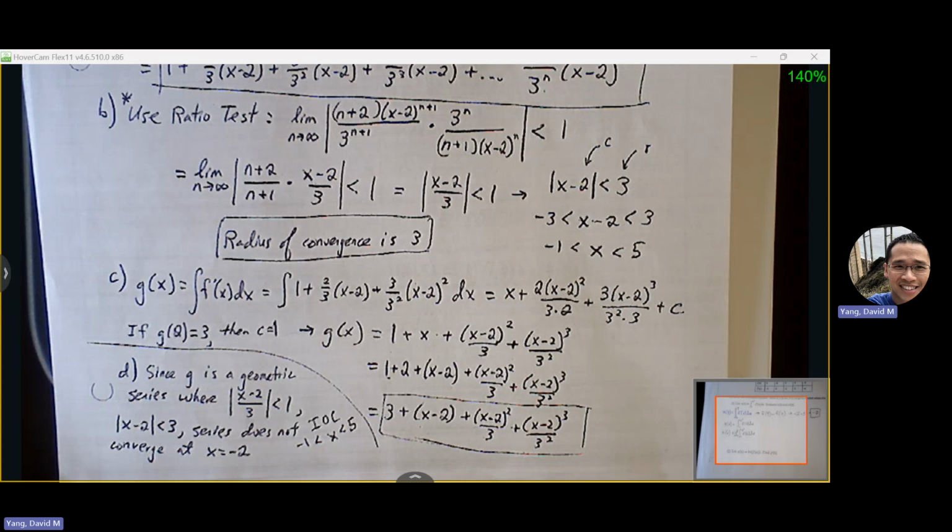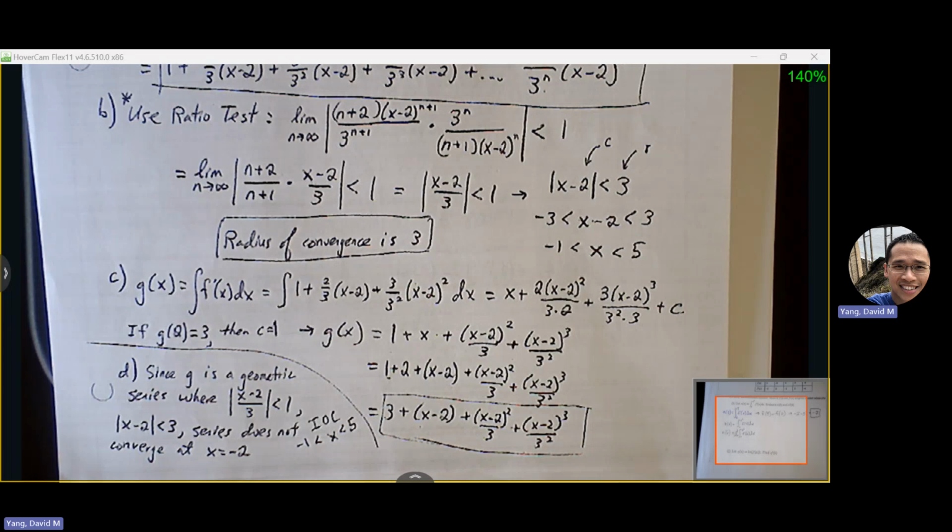Part C, you're just taking the antiderivative of the polynomial that you built from part A. And g of x is the integral of all these terms, but then there's also plus c. And that's significant because they give you an ordered pair, g of 2 equals 3. So you can plug 3 in for your g of x, plug 2 in for all the x's. A lot of the x's should cancel out.